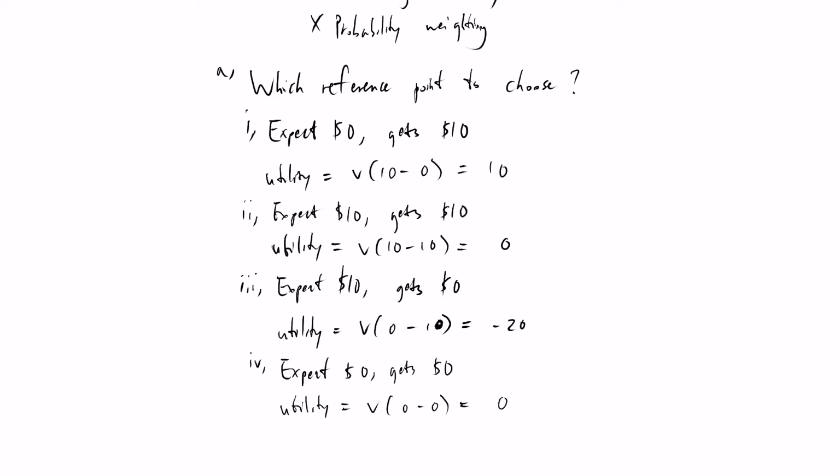Now if you look at these 4 cases, it starts to make sense to think about what reference point the individual wants to have, right? Because if he comes in with an expectation to earn something, and in experiments typically you're not guaranteed to earn something, you're going to go away disappointed.